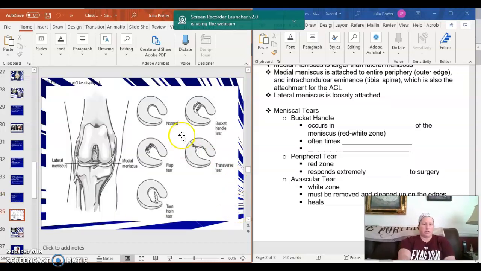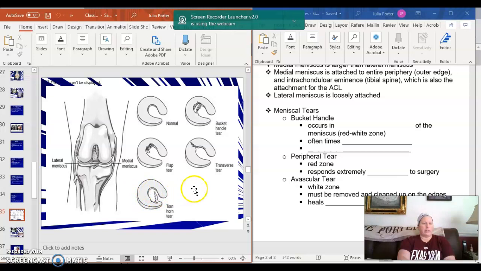So if we look here, a bucket handle tear happens in the middle of the meniscus. A flap tear is where a little piece, kind of like a hangnail, just hangs off of it and it gets caught in the joint window. And then another common one is a posterior horn tear, which means it's happening on the back side. And it's, again, another little flap of tissue that just gets in the way. Typically, all of these can be repaired.